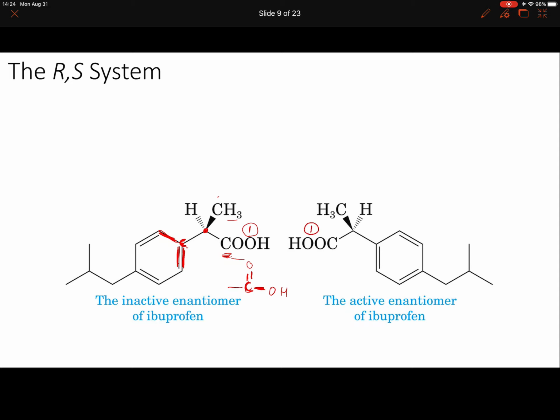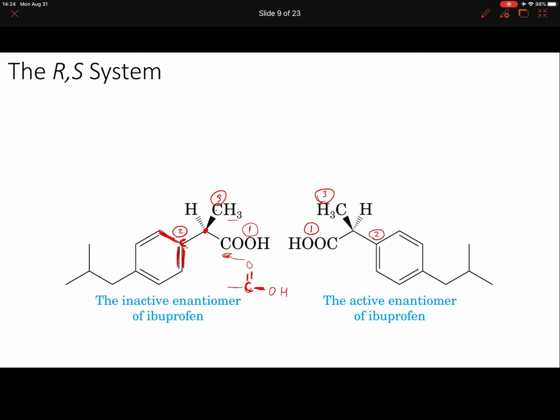Now, out of the next 2 groups, we have carbon with hydrogen or carbon with carbon. So carbon with carbon is going to be the next priority. That gives the methyl the 3rd priority. And since hydrogen is always going to be last, it's the 4th.